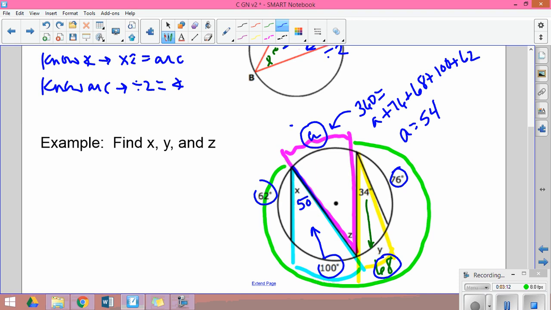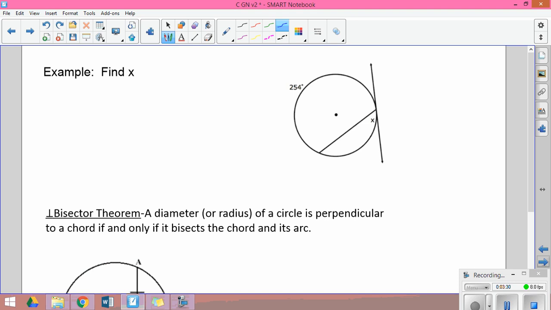And once I know that this arc is 54, when I move in to find its angle, I have to cut it in half, and this becomes 27. So it's just a factor of 2 in or out. Trace your angle out to your arc. In this scenario, my inscribed angle is right here, and it's going to cut this arc.